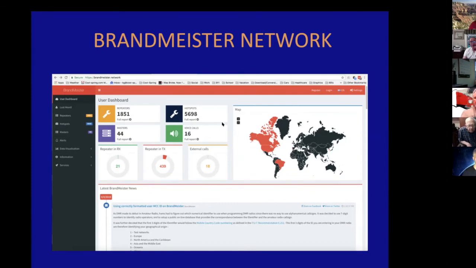If we were to go to the Brandmeister page right now, the repeater number would be somewhere in the vicinity of 5,000, and the hotspot number somewhere in the vicinity of 15,000. There are approximately 3 times as many hotspots in use for DMR radio as there are repeaters.